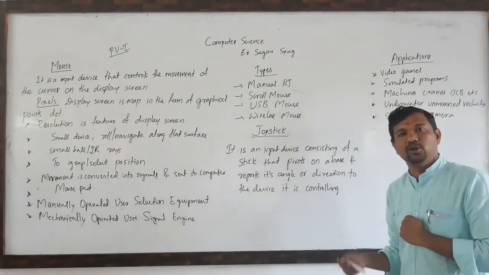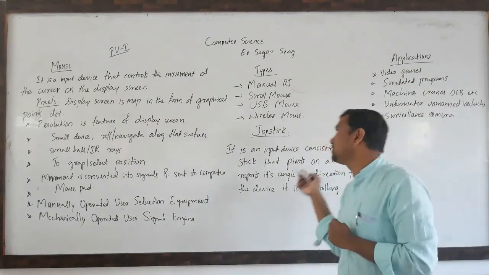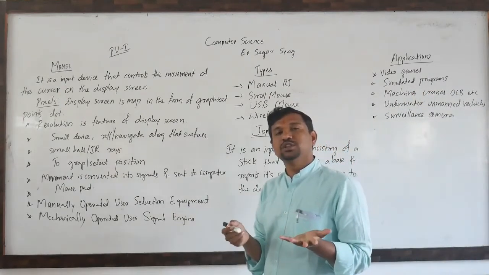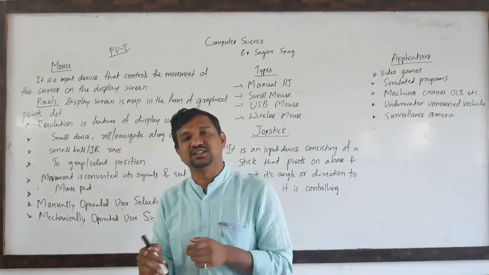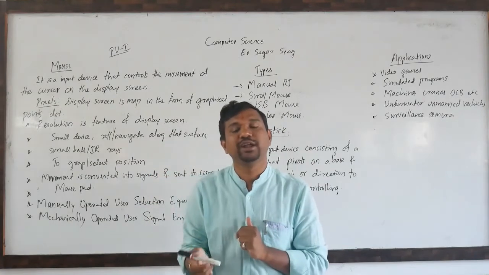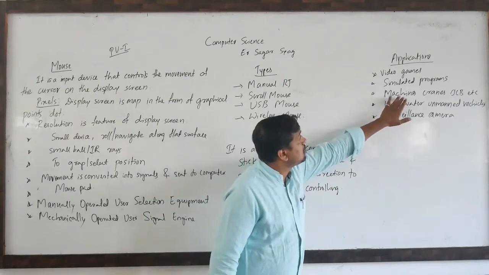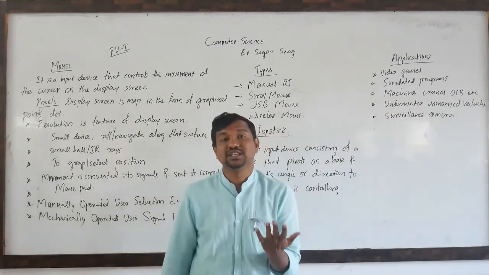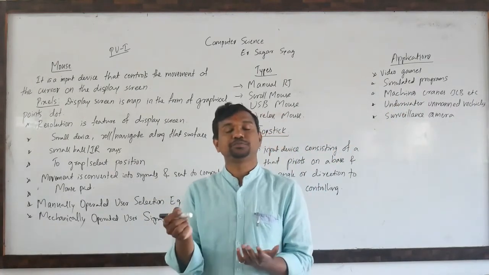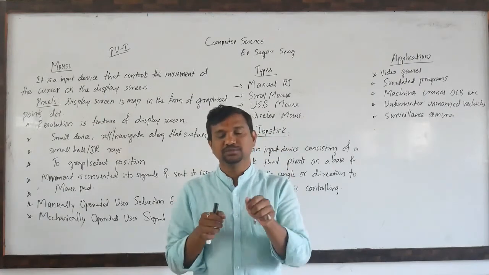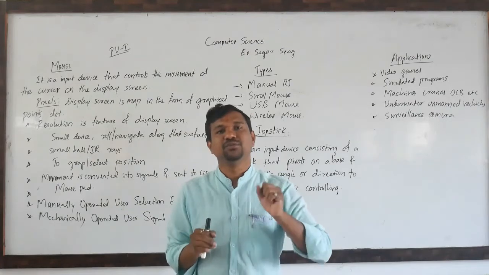Video games: for video games we are using joysticks. Simulated programs: without implementation of physical existence, in the computer itself we are doing the movement. Machines, cranes, JCBs: in the movement of a JCB also there are gear-like features.